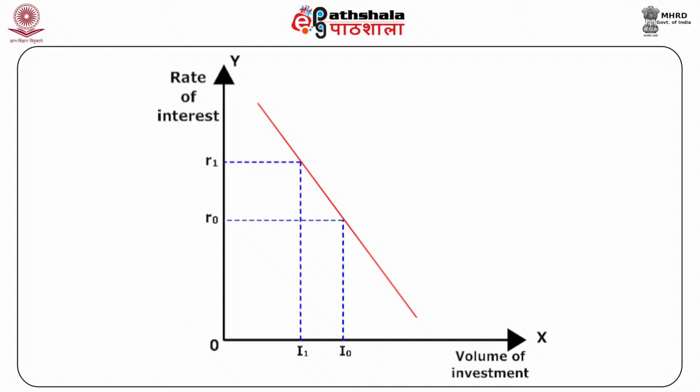The level of the investment function is constant if the autonomous part of the investment function remains constant, that is, the intercept on the y-axis remains constant. The slope of the investment function, on the other hand, would imply that for a fall in the rate of interest, the volume of investment will increase and there is a movement along the given investment function. This is how the capital market behaves.